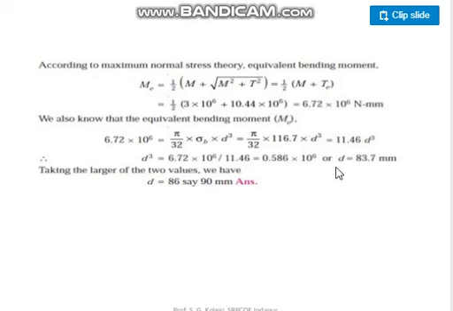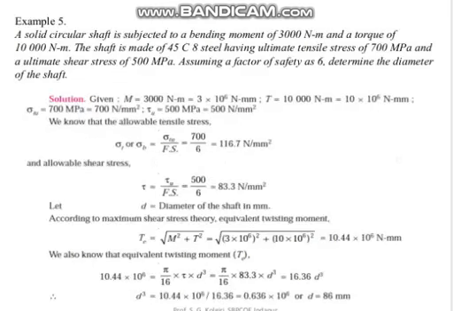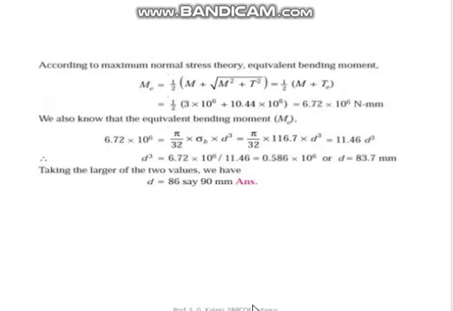So now this is 83.7, and earlier it came to 86. So for resisting the torque you require more diameter. So taking the larger of the two values, the diameter is 86, and we don't know whether 86 will be available or not. So you can round it to 90 mm. So this 90 mm will be the selected, designed diameter.